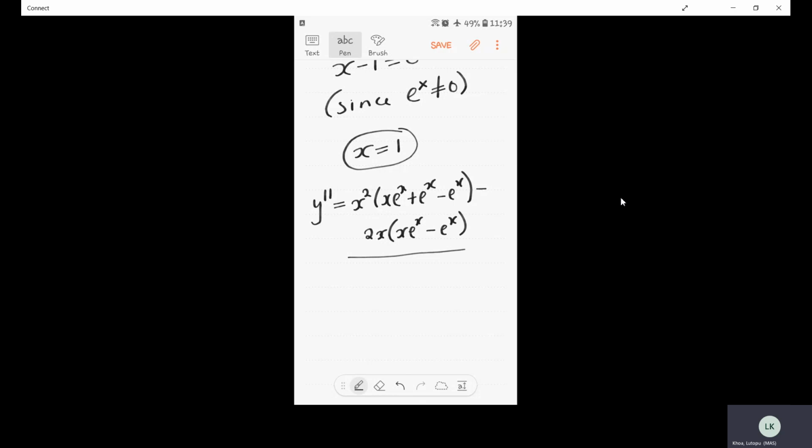Then my denominator has to be squared, x squared squared. This is just x to the power of 4.